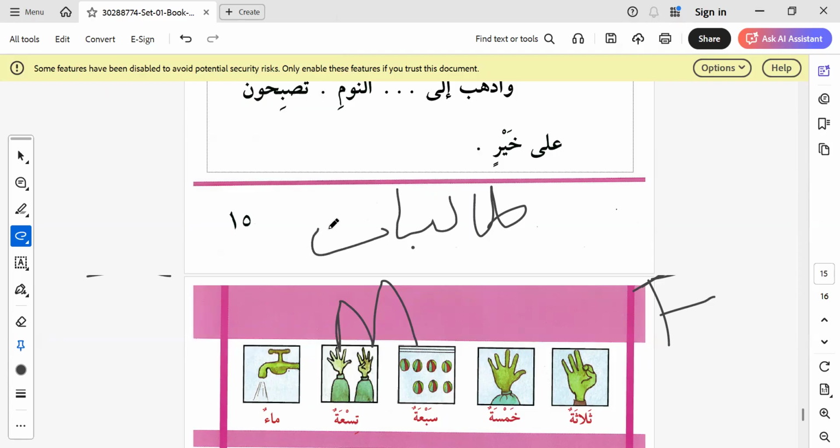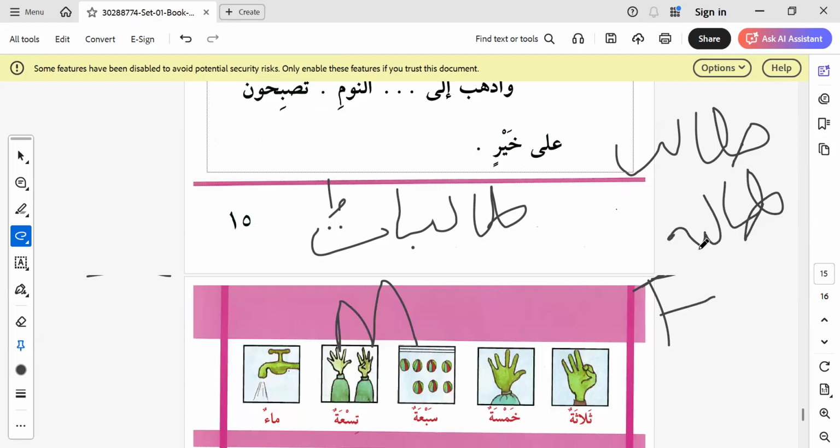Okay, that's the plural. The plural of a female student is طالبات. طالب, singular. طالبة. You understand that? Yes. We have that.